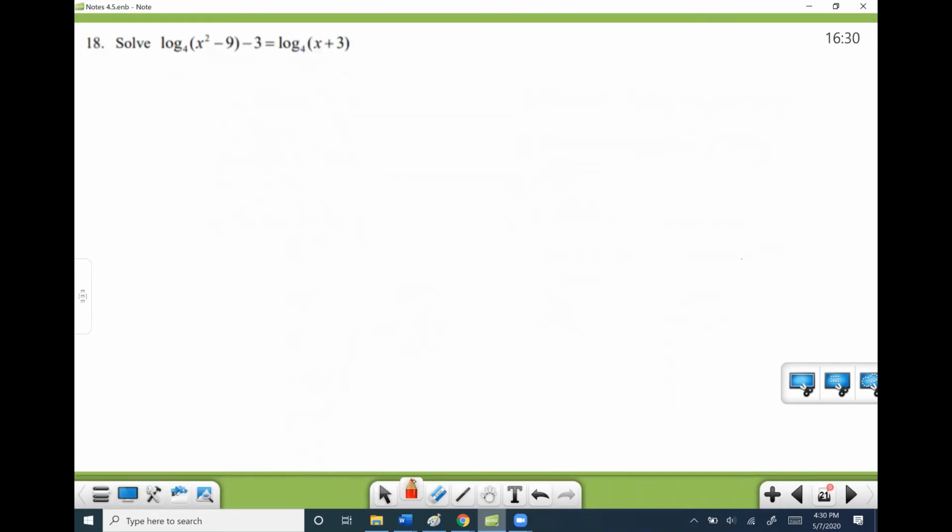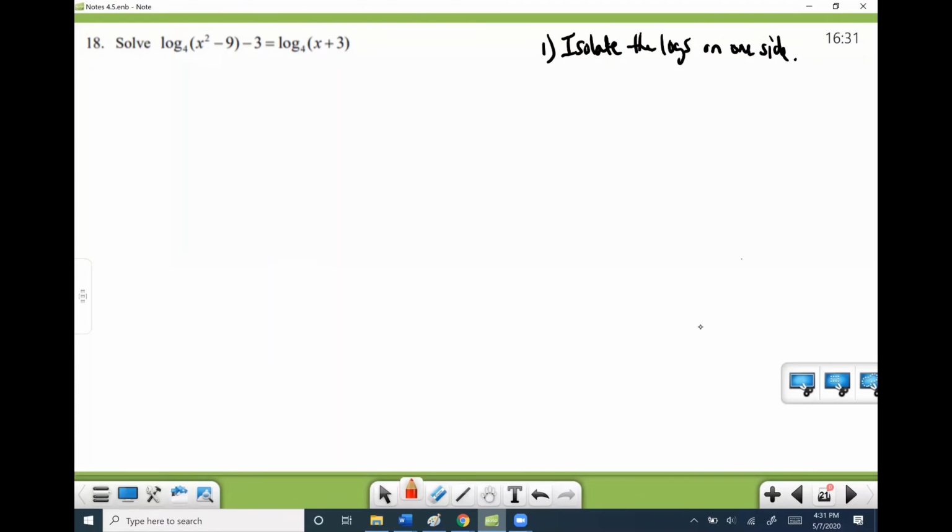Okay. So we want to get all the logs on one side, right? So isolate the logs on one side. Okay. So it looks like there's a lot of things you can do just because, well, I don't know.